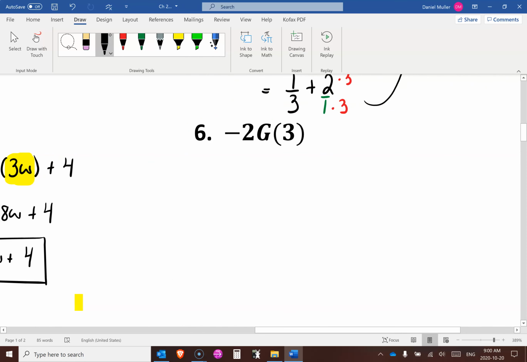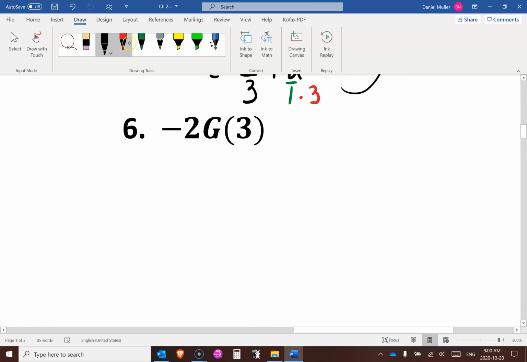Now this says we're going to go negative 2 times g of 3. So I guess I need to find out what is g of 3.